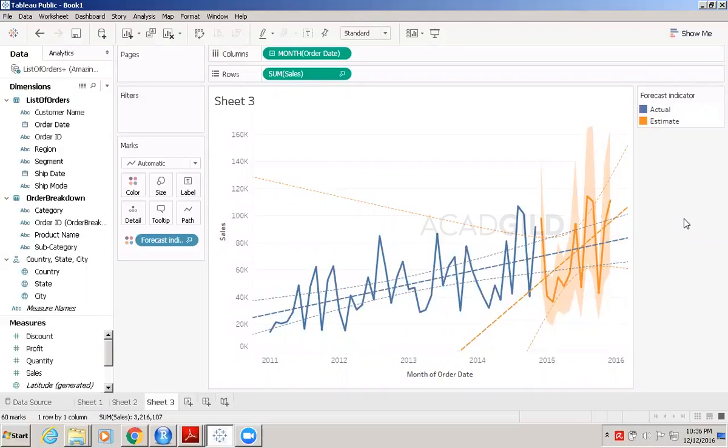But they might have taken into factor a lot of other considerations, like seasonality and how the competitors are behaving.